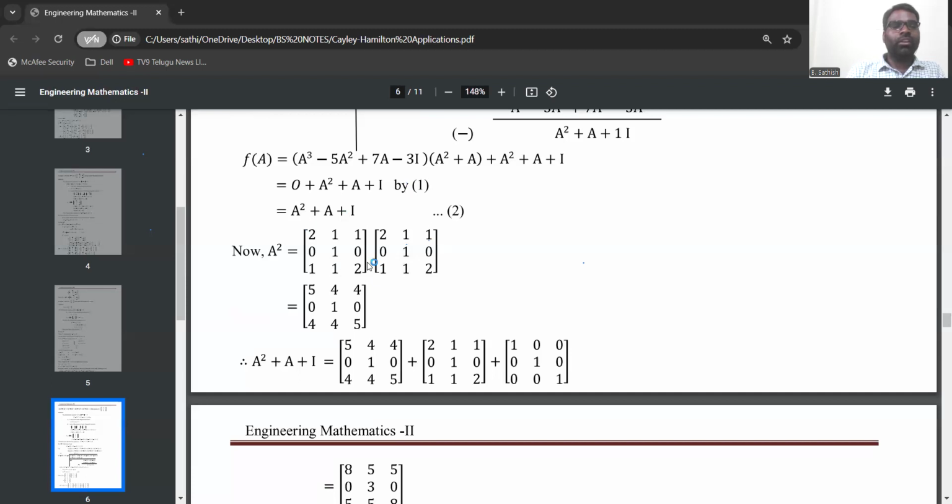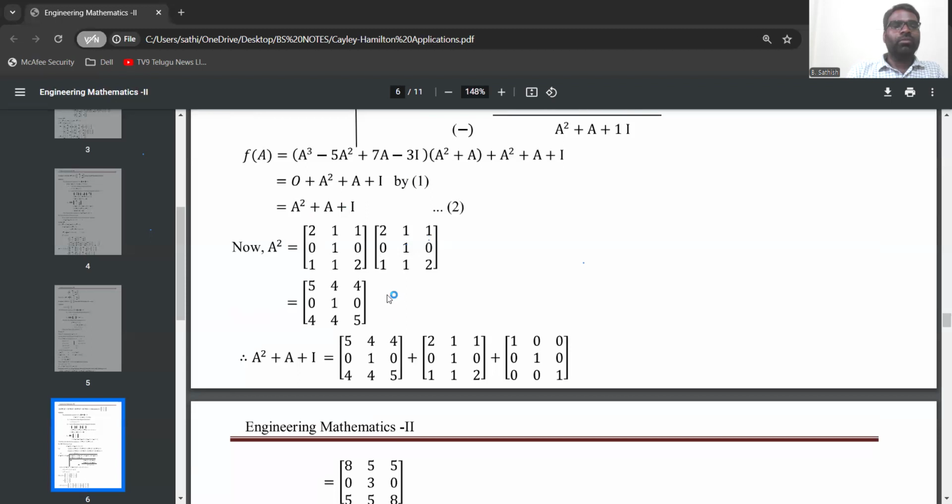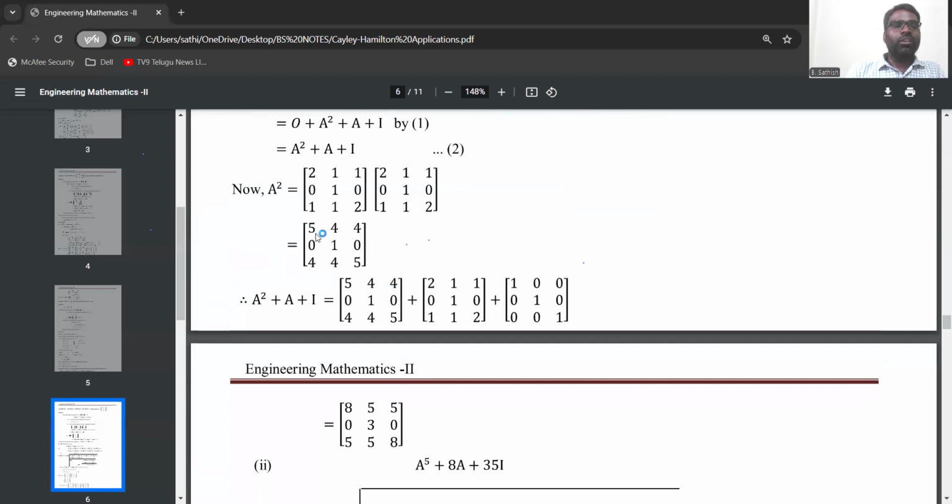Multiplying the given A two times, after simplification we get the matrix A square equals 5 4 4, 0 1 0, 4 4 5.